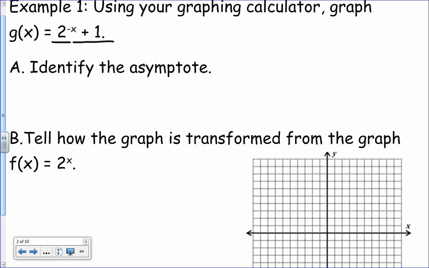We're going to type 2, then hit the caret button, which is above the division symbol, and in the exponent, you're going to put negative x. Based on what we just learned, that's a negative in the exponent, so that should be a y-axis reflection. We'll see if that happens. Hit over to the right and put plus 1. Again, that plus 1's at the end. It should be a vertical translation up 1, or you can just say shift up 1.